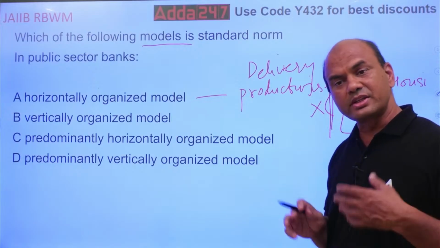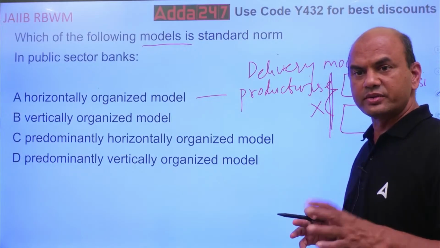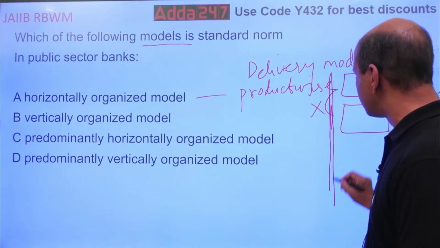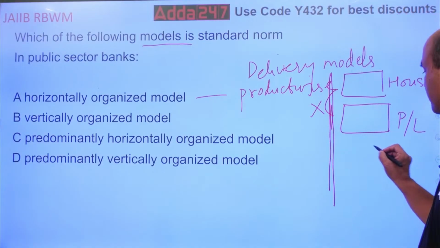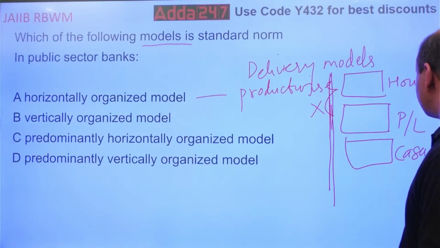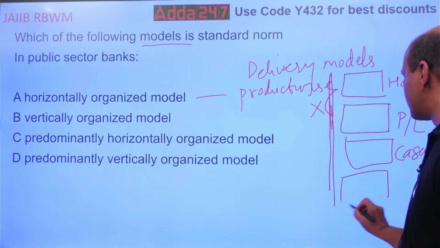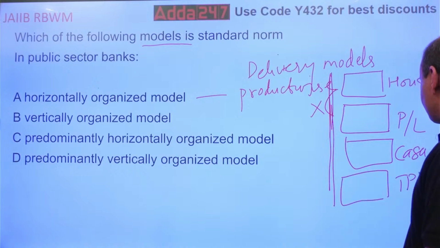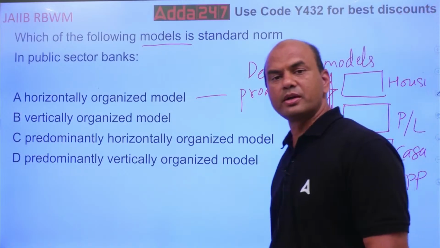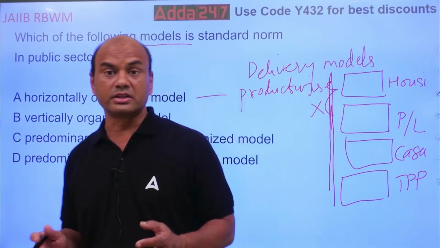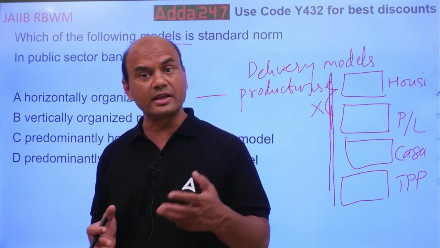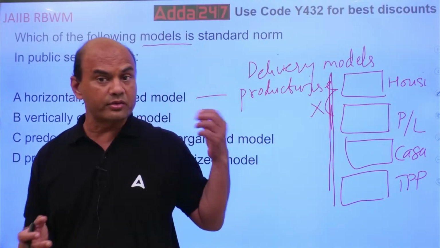The same is true with CASA, current account, saving account, FD, mutual fund, TPP. All of them will be able to access the same customer database. Because of this, the same customer can be targeted for multiple products. Cross-selling can be done.